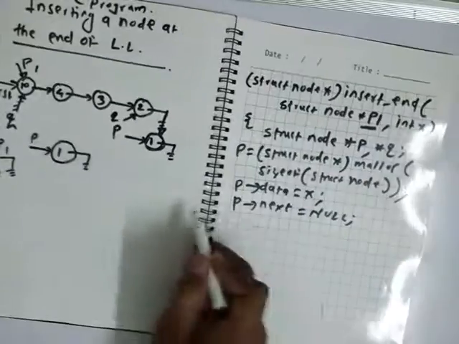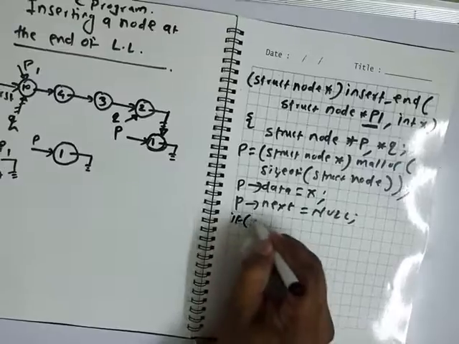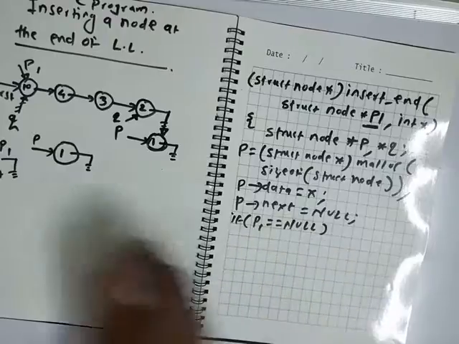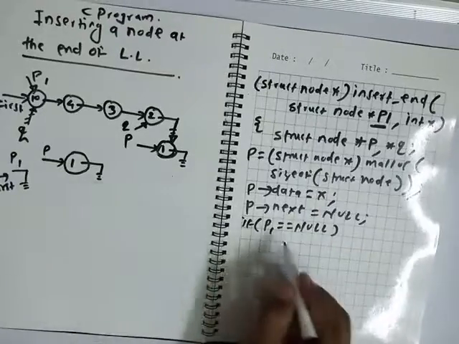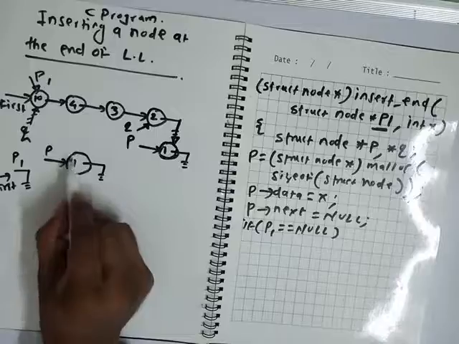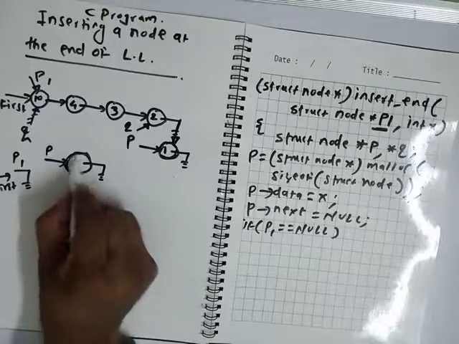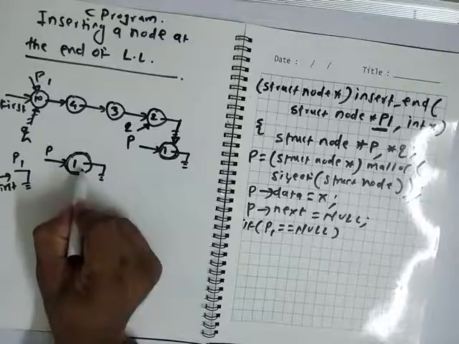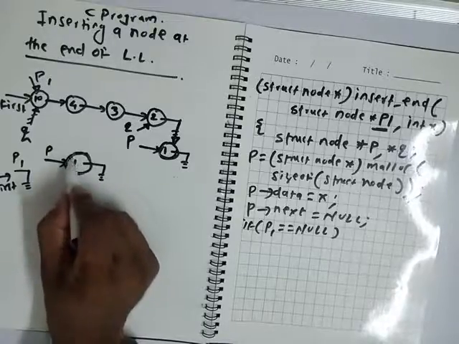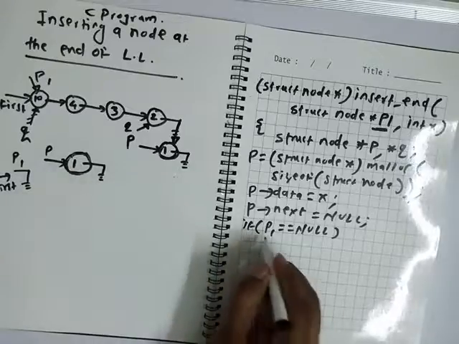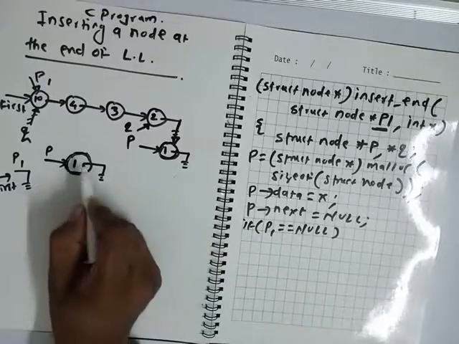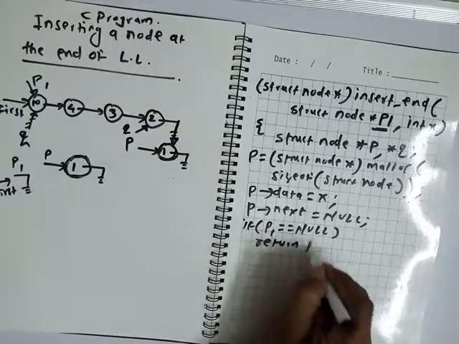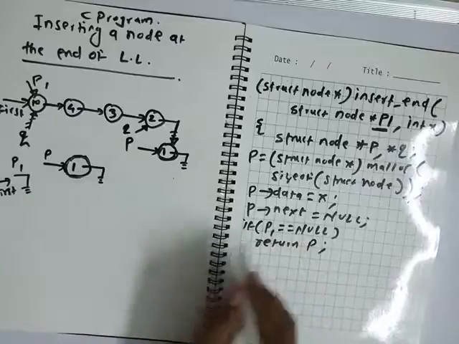So we'll simply check if p1 is equal to null, then the case is very simple, right? So return the address of this, the only node which will be there inside the linked list, right? Because we inserted inside the empty linked list, so we'll simply return the address of this only node. You can make p1 point to p, but that's not needed. Actually, we can directly return p only, right? So return p, where p is pointing to the new node.